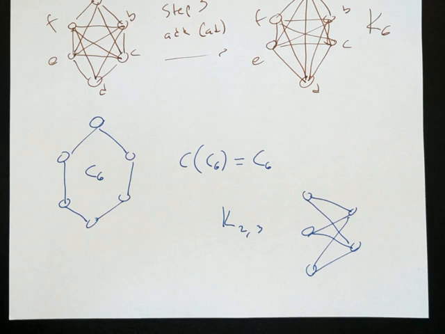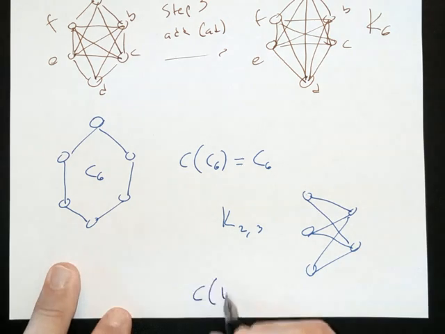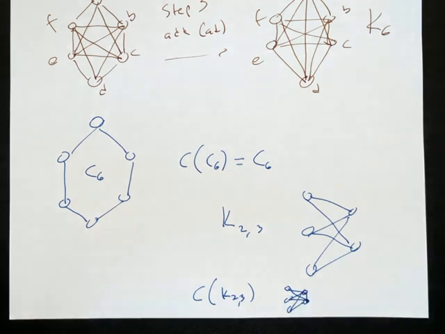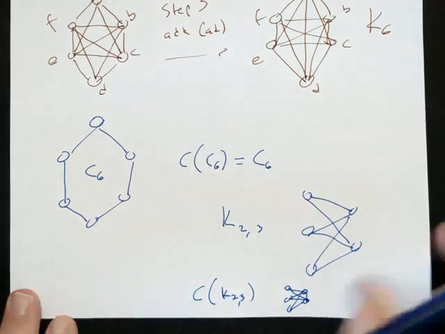So I only need to look at non-adjacent vertices. So what can I possibly add? Aha, degree sum on this side is 6. Add those because the total n is 5. So the closure of K23 looks like that. I add one edge and that's it.